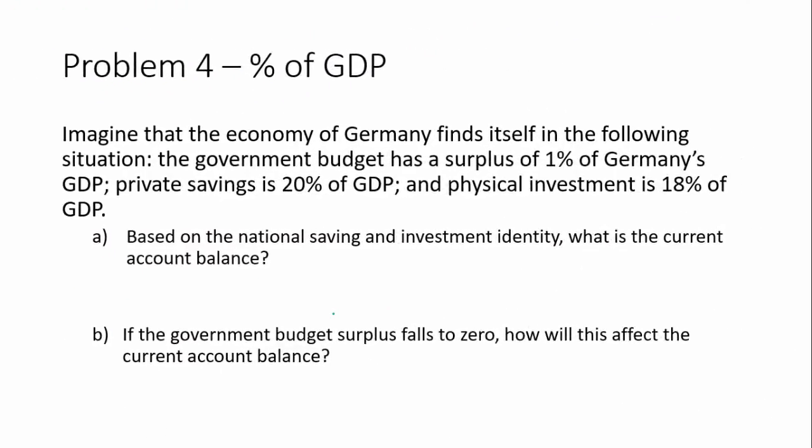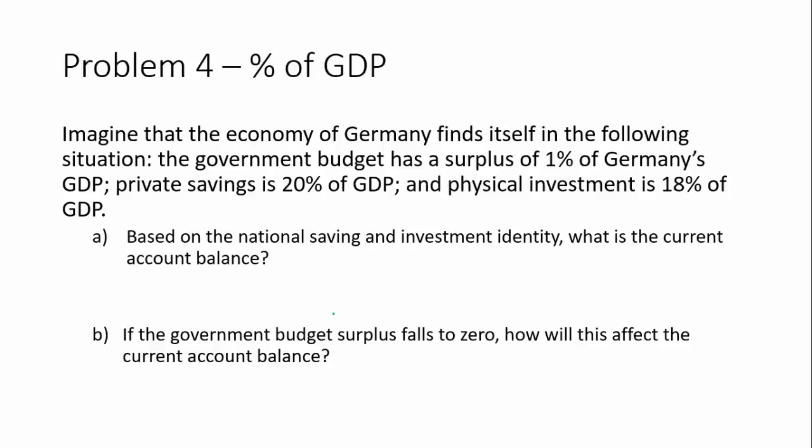Next, our problem 4 is the percentage of GDP. It says, imagine the economy of Germany finds itself in the following situation. The government budget has a surplus of 1% of Germany's GDP. So that's great, right? The government taxation is going to be larger than the government spending.